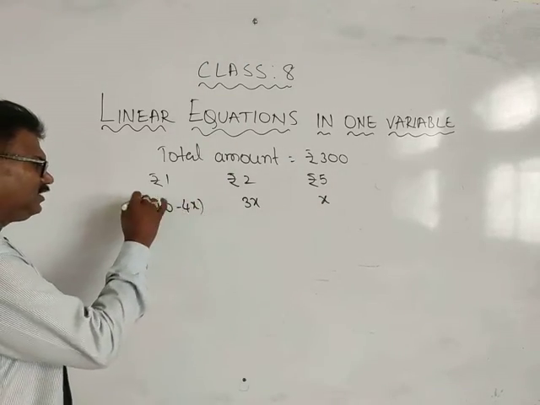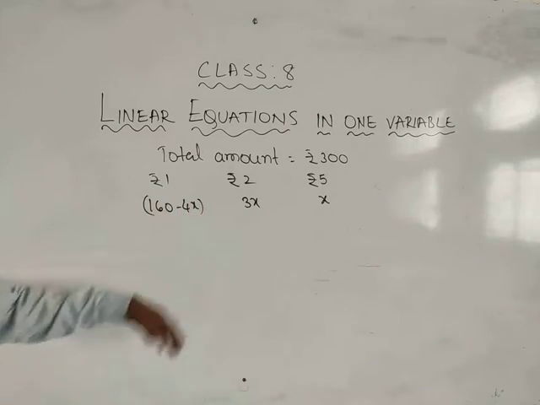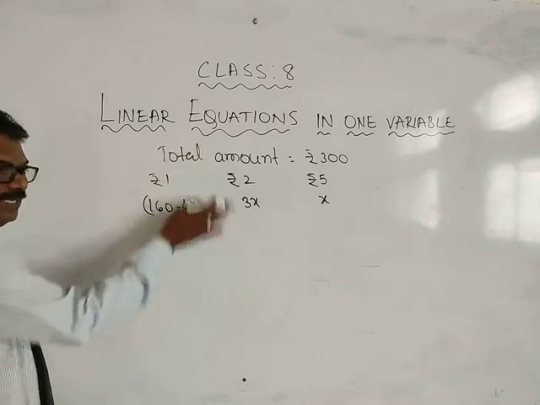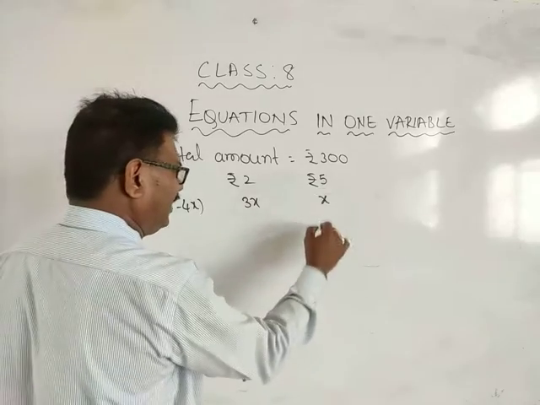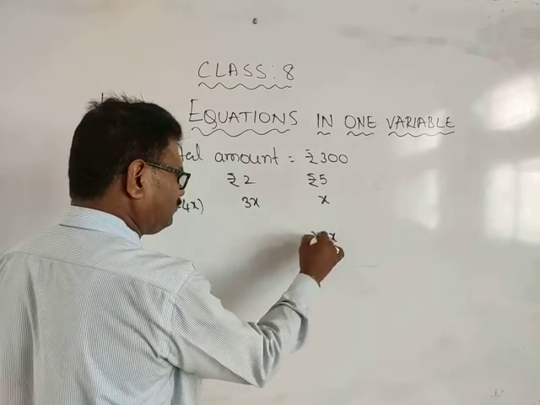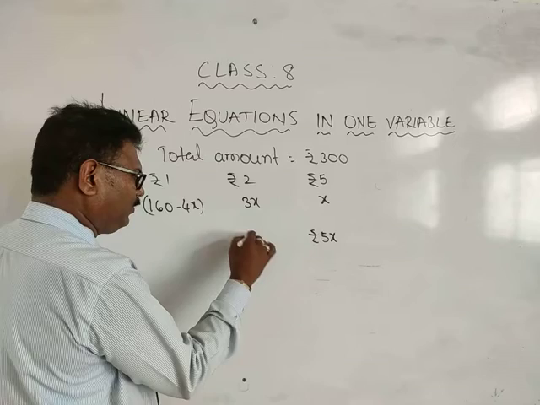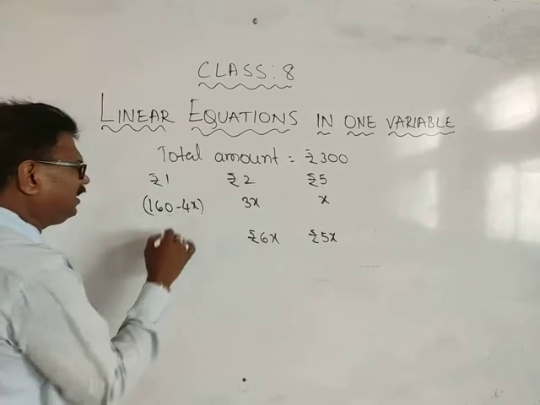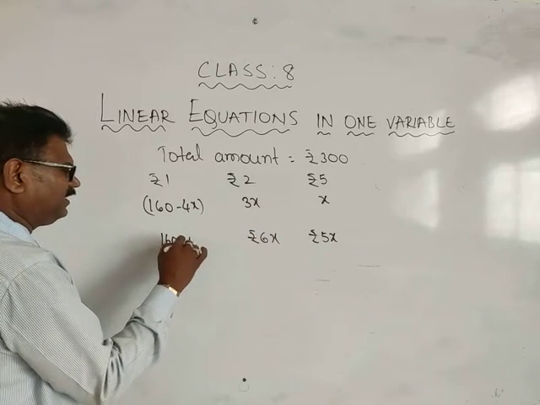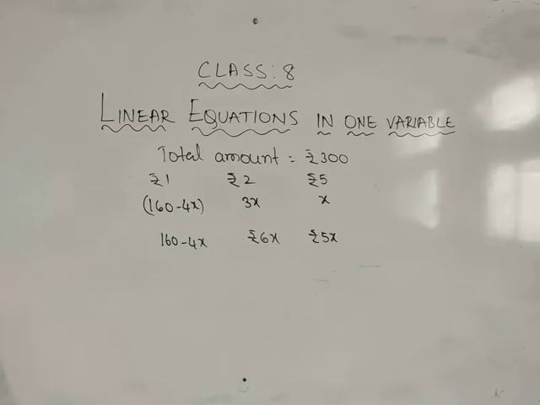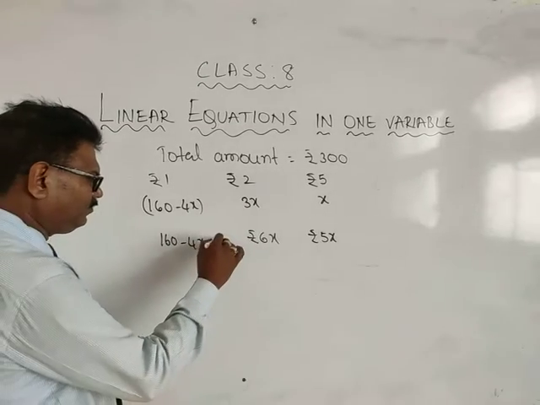Did you understand? Now, total amount. Total amount means 5 into x, 5x. Here, rupees 6x. Here, 160 minus 4x. Now, total add up to how much?